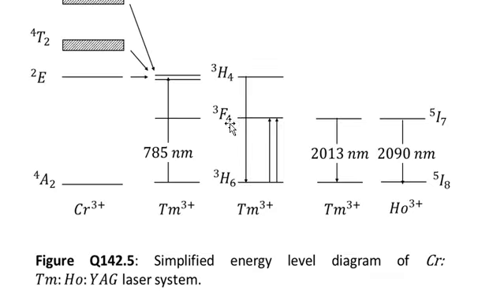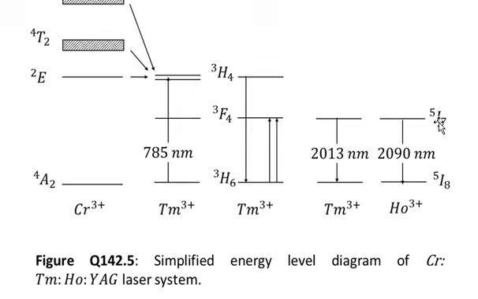And then you see that when 3F4 gets populated, which is shown over here, so this level 3F4 will transfer its energy to the 5I7 level of the holmium ion. So the energy from the thulium ion in the state 3F4 is transferred to the 5I7 level of the holmium ion, because these ions are very close to each other in energy.